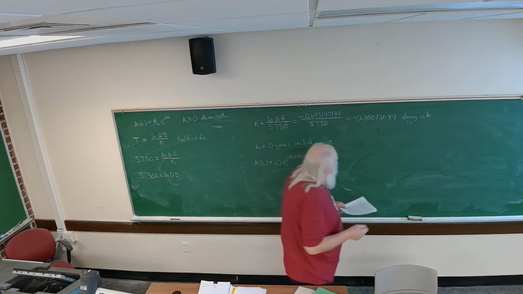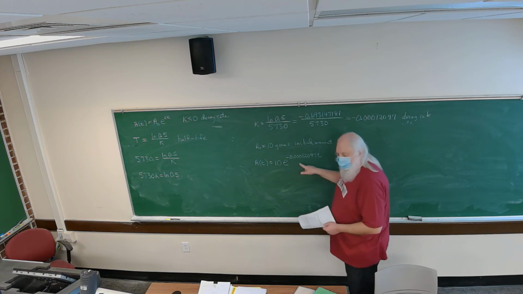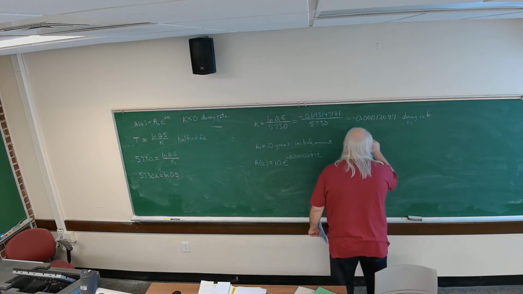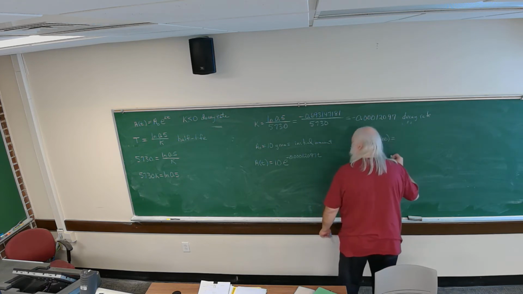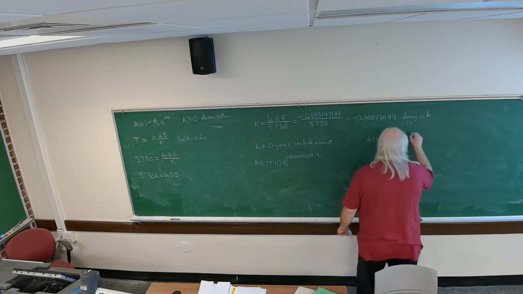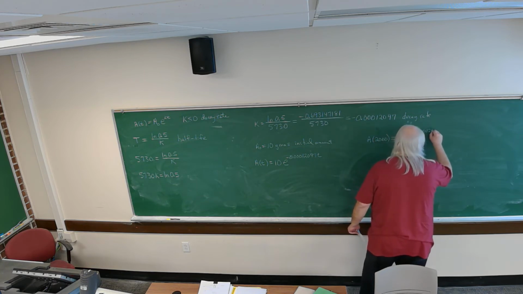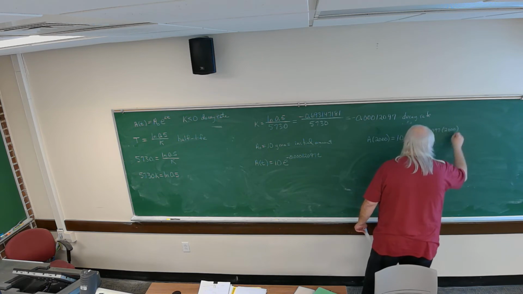So in A, if 10 grams were present originally, how much will be left after 2,000 years? Well, to find how much will be left after 2,000 years, we put in 2,000 for t. So we have A of 2,000 is equal to 10 times e raised to the minus 0.0001297 times 2,000.